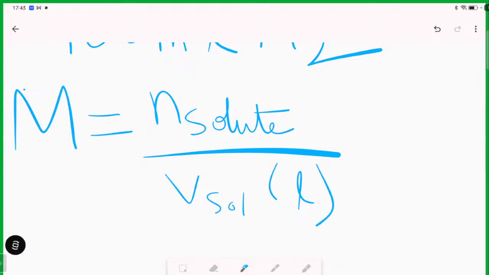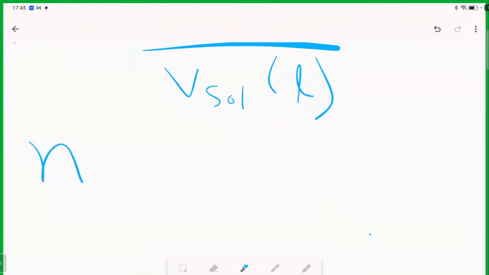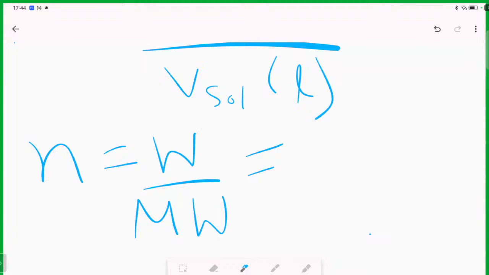Okay. Now tell me, how do you find number of moles of solute? What is solute here first of all? NaOH is a solute. So given weight by molecular weight is number of moles. What is the given weight?